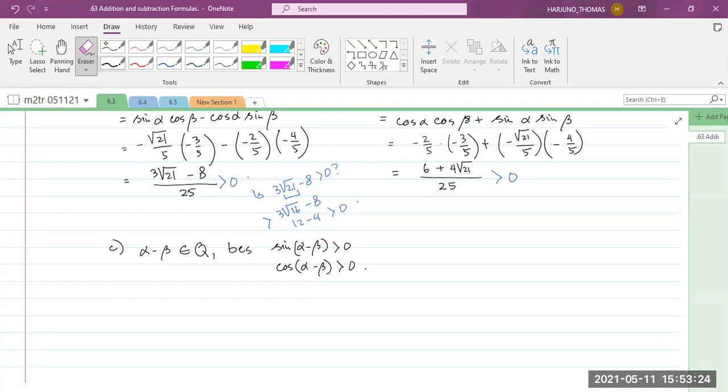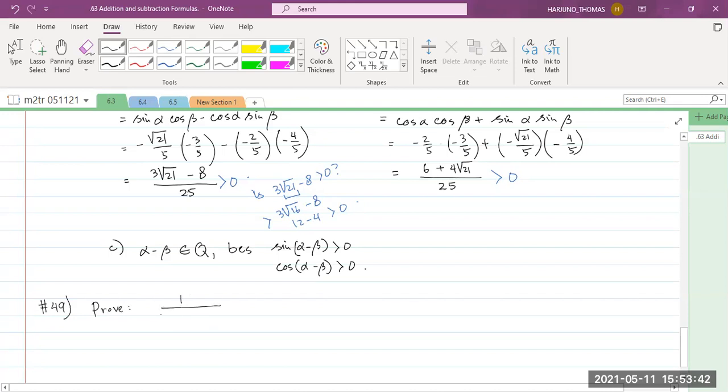Number 49, prove the identity: 1 over cotangent alpha minus cotangent beta equals sine alpha sine beta over sine beta minus alpha.